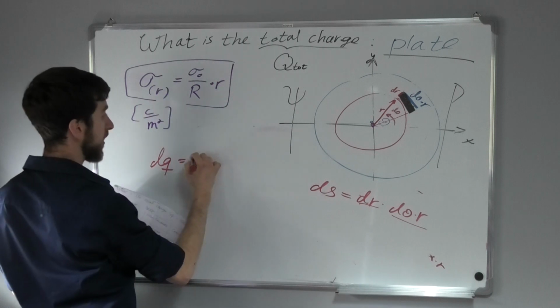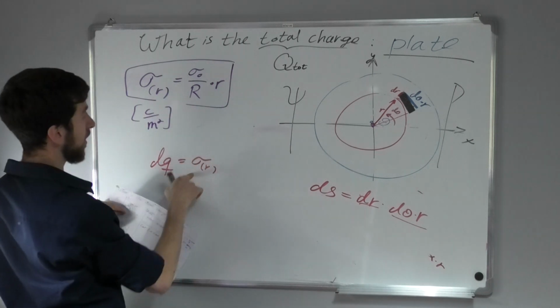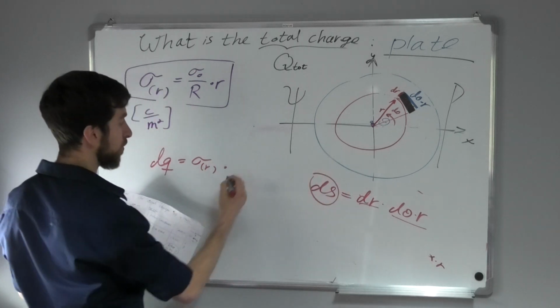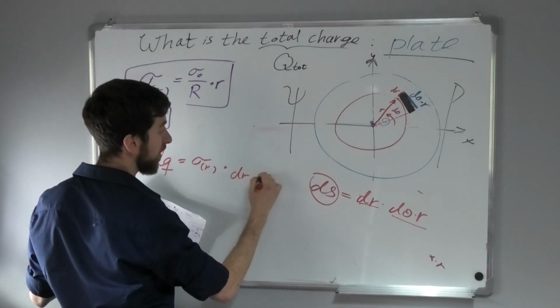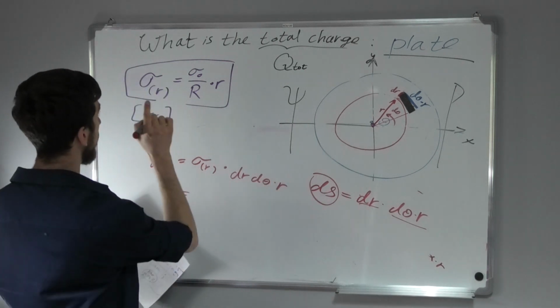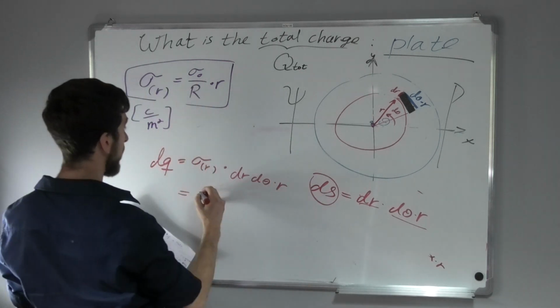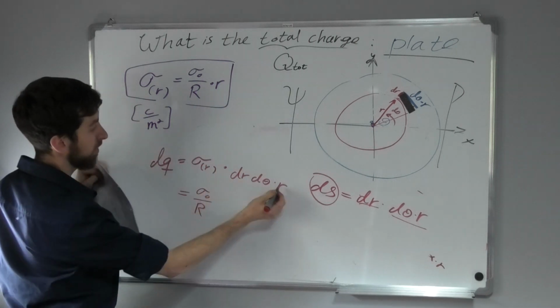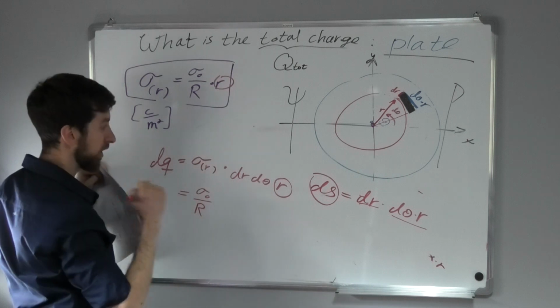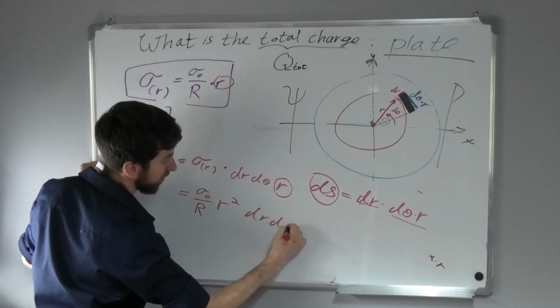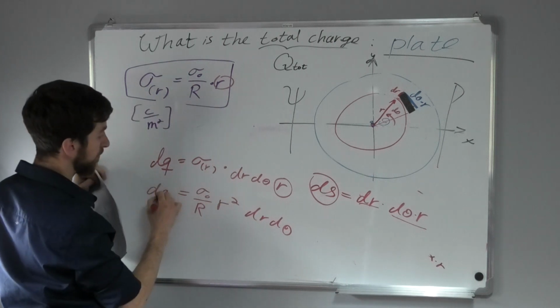To sigma r, my charge density, multiplied by ds. So it's dr d theta multiplied by r, and this equals sigma 0 over r, and I have here r squared, perfect, dr d theta, and this is my dq.